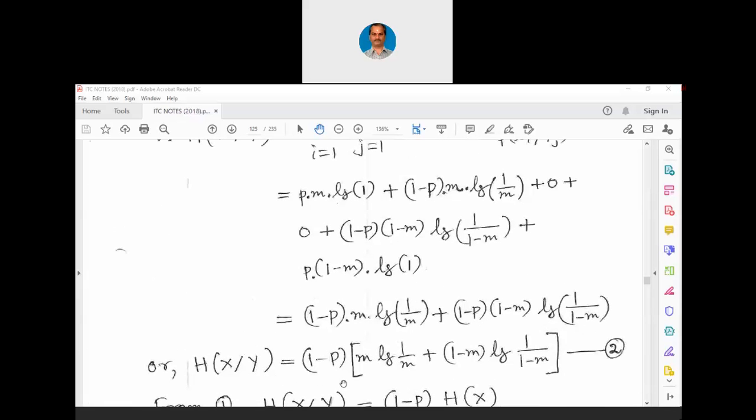Finally, H(X/Y) equals (1 minus P) times [m·lg(1/m) plus (1 minus m)·lg(1/(1 minus m))]. Let us call it equation number 2.